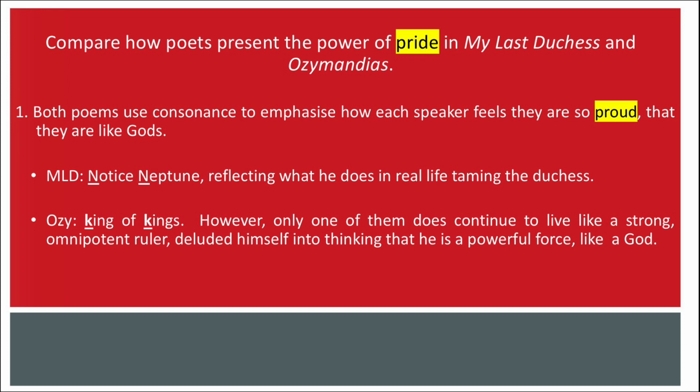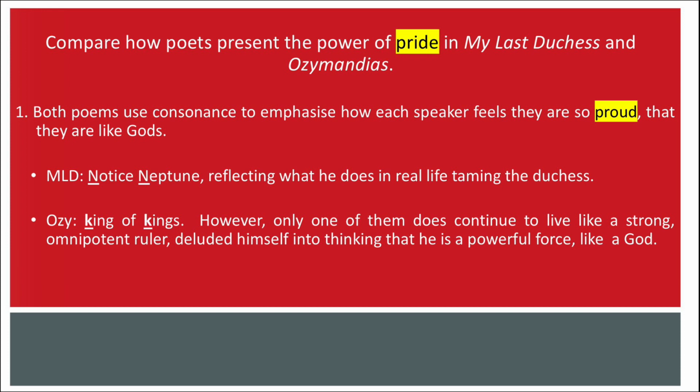This sentence happens to have consonants in it, notice Neptune, so that nicely links us to a similarly religious-themed reference in Ozymandias, where there is also consonants, when Ozymandias invited us, please, to look upon his works, because his name is Ozymandias, King of Kings. So he also thinks he's like a god, because that is a religious phrase that we would associate with Jesus. But then my paragraph would go on.